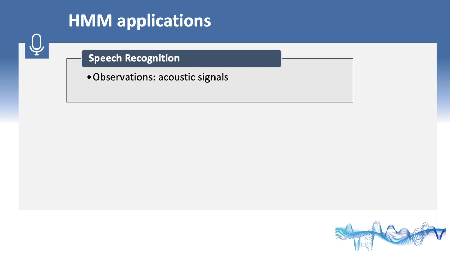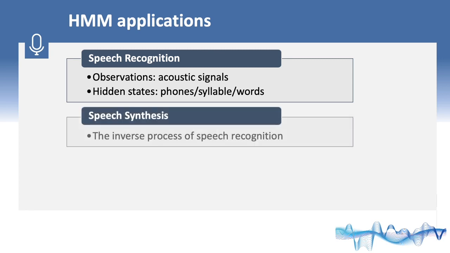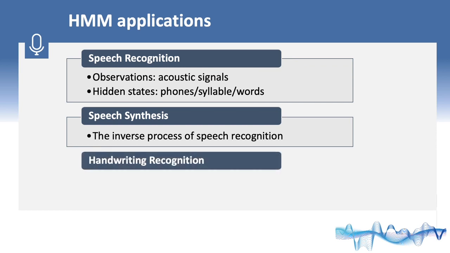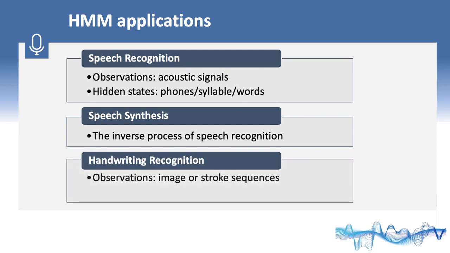The recognized text, phones, syllables, words is the hidden state. Speech synthesis is the inverse process of speech recognition. In application of handwriting recognition, the observations are image or stroke sequences. The hidden states are words written by hand.